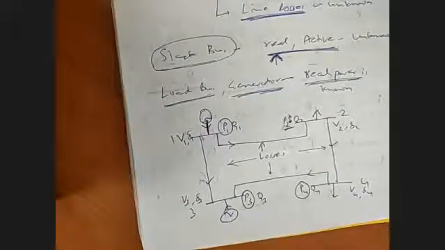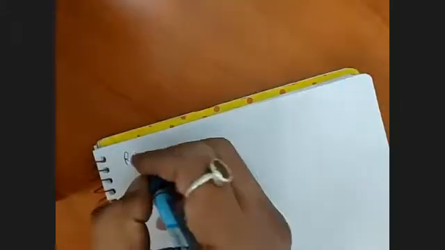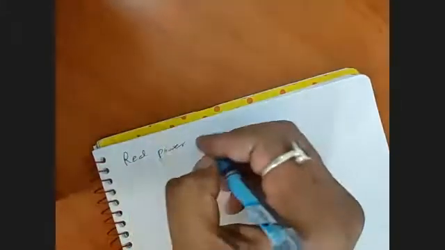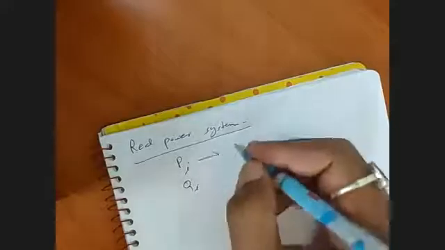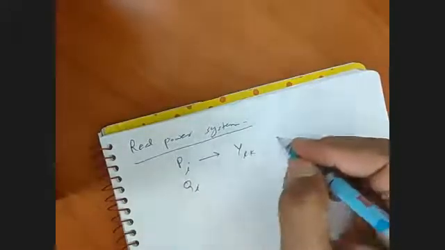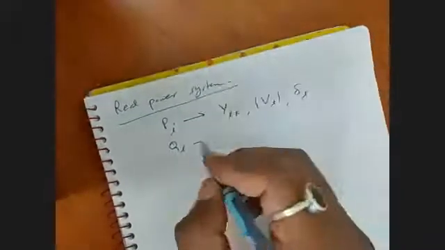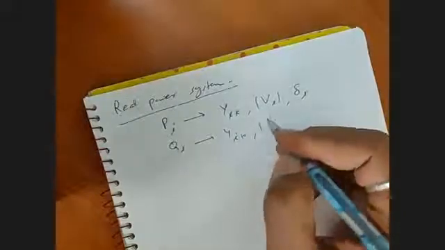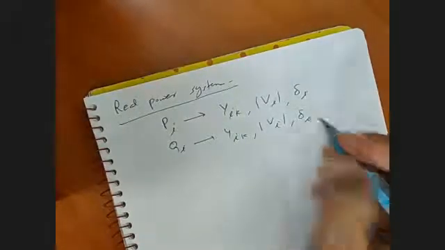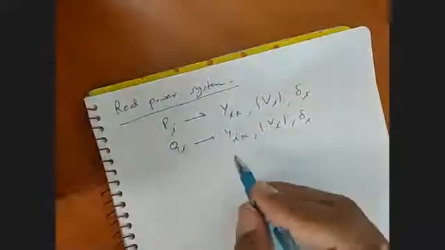So this is how we will be solving. Now when we are talking about a real power system, we have equations of Pi and Qi on the basis of Yik, Vi magnitude and angle theta i. And similarly, this is also an equation which will depend on these. So these are your equations.